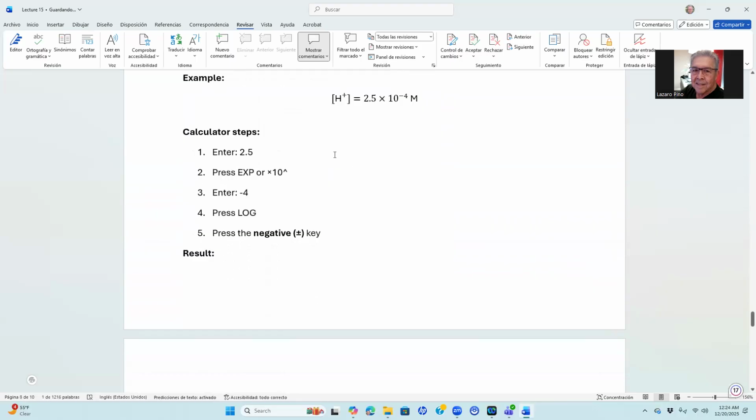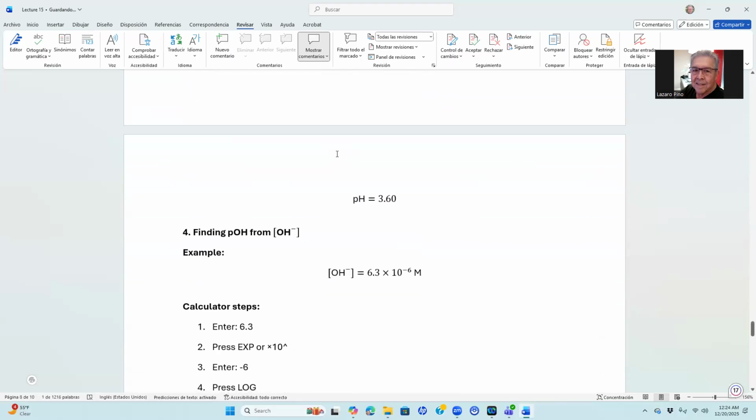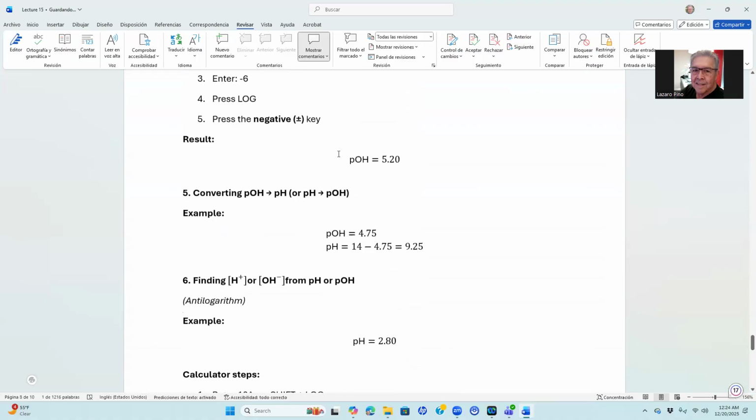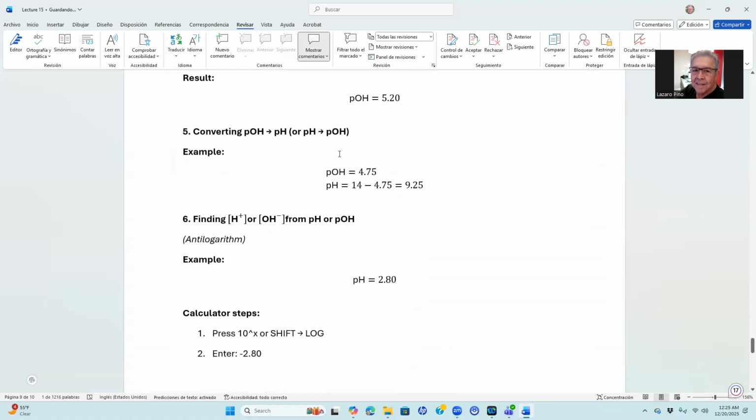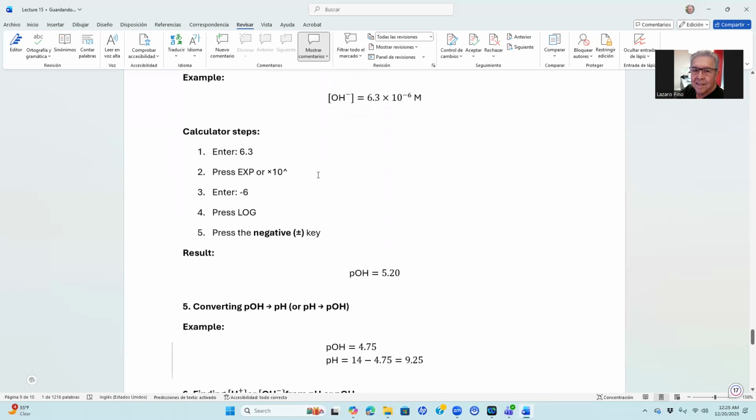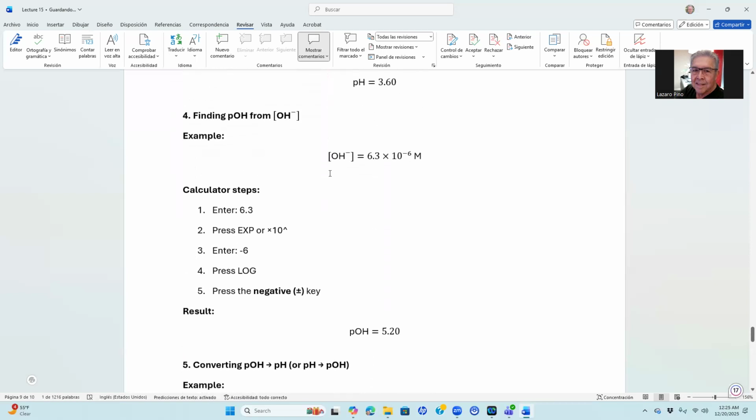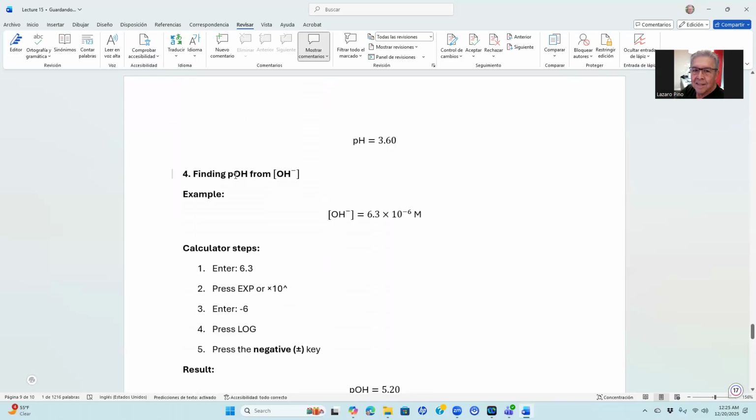Well, now we are going to have some exercises. For example, you need to find the pH from the concentration of OH. Then you say this is the concentration of OH.